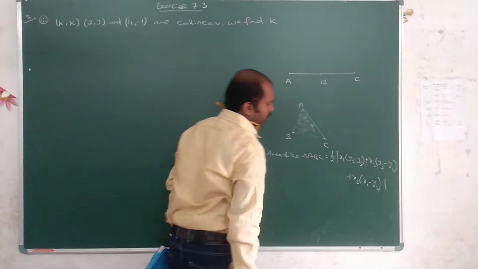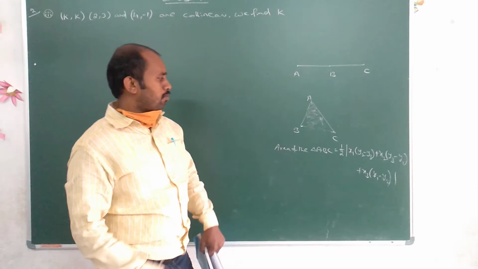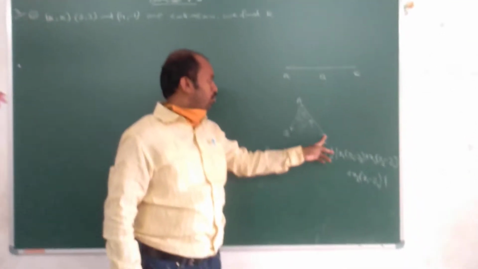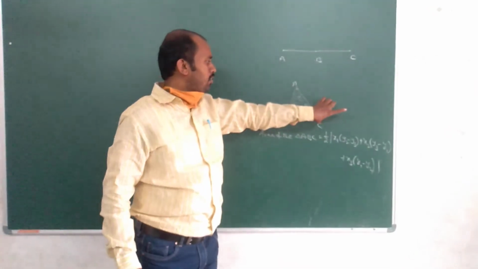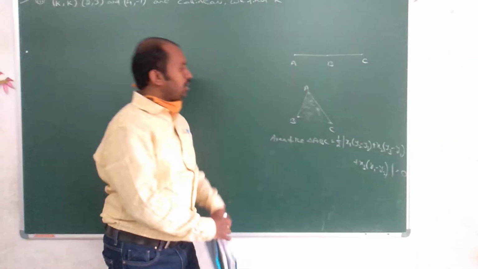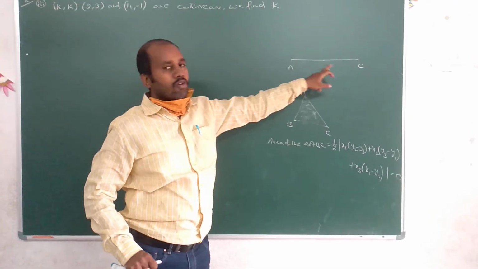Okay, modulus close. This is area of the triangle formula. Here ABC points are in same line. So area of the triangle is 0. So that is equal to 0 when the 3 points are collinear.